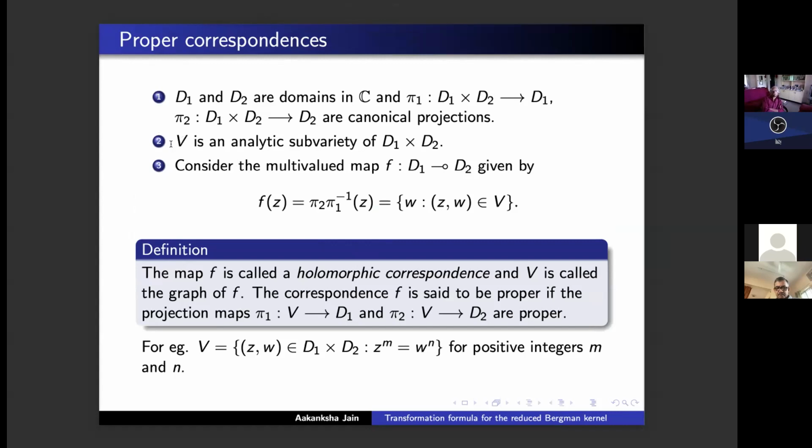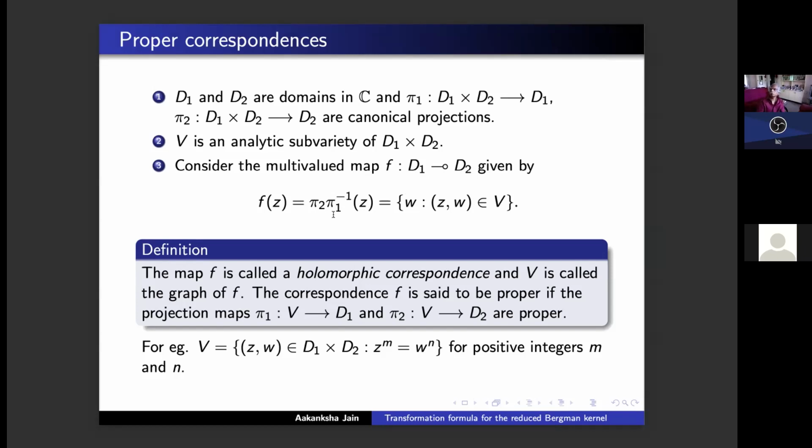And let V be an analytic subvariety of D1 cross D2. Now corresponding to this analytic subvariety, we can define a multivalued map from D1 to D2, which maps every z in D1 to the set of all those w such that (z, w) is in V. We denote this set by pi2 of pi1 inverse of z.